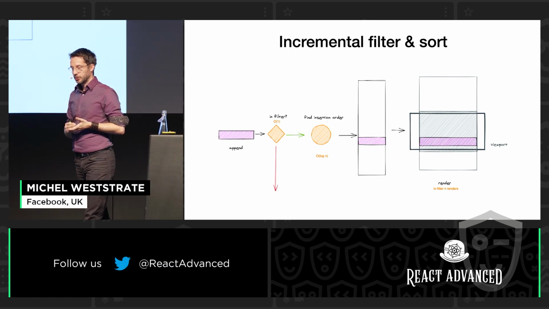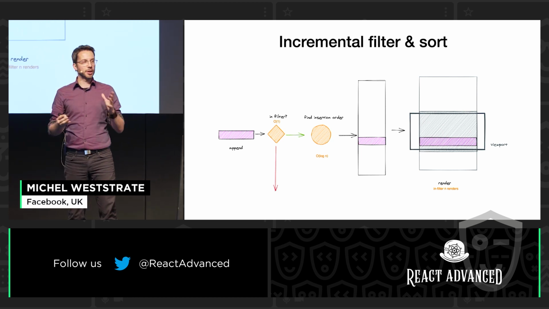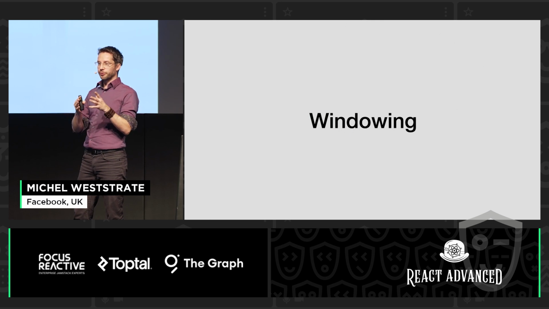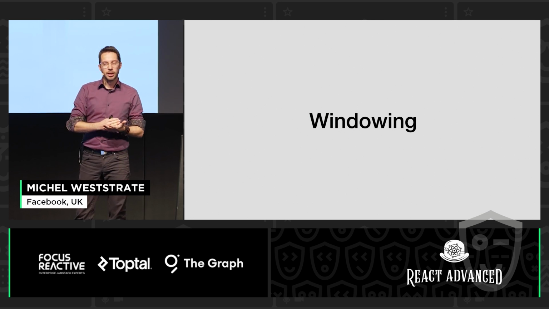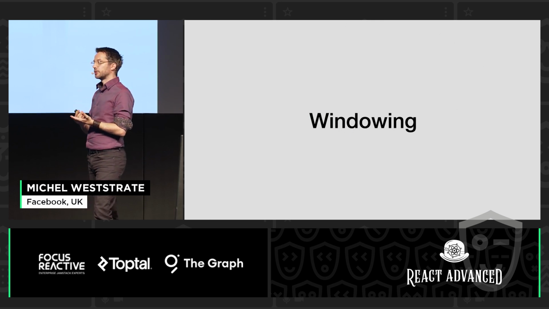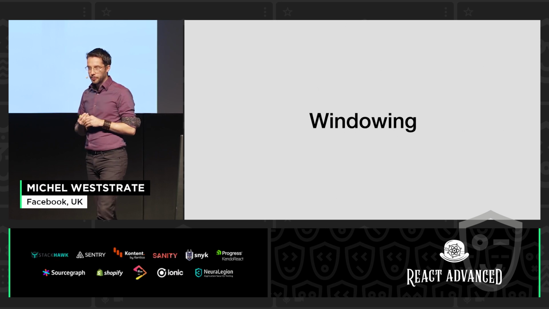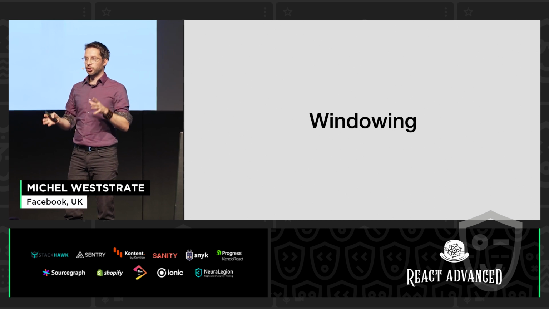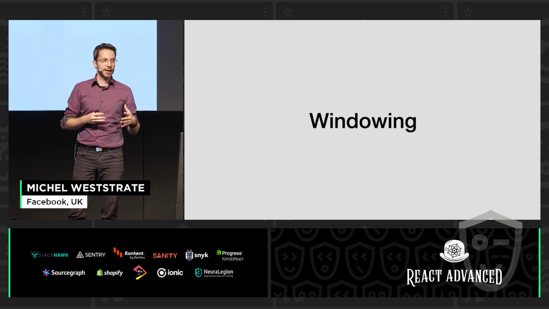And the answer is yes. We can also start to window the data we process. Now, it sounds a little bit controversial because we're already applying windowing, but we are only applying windowing to the render. But actually, if you think about it, we can apply the windowing earlier, at the moment we process the data.